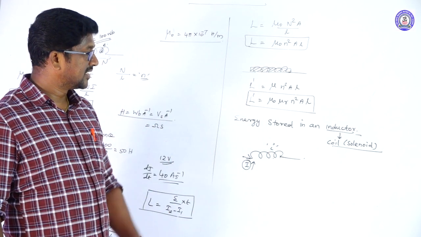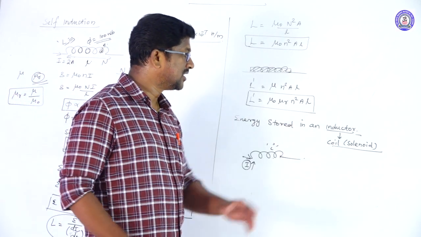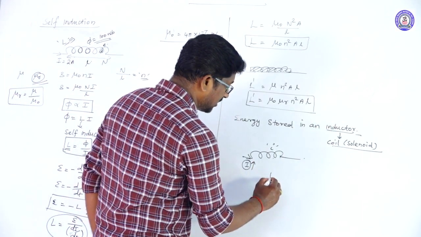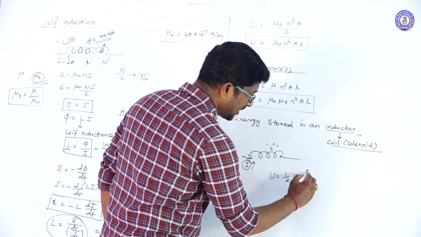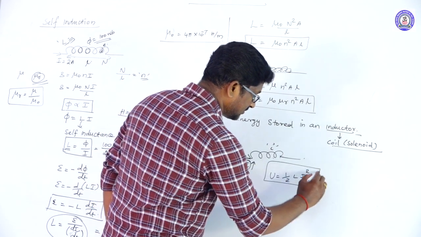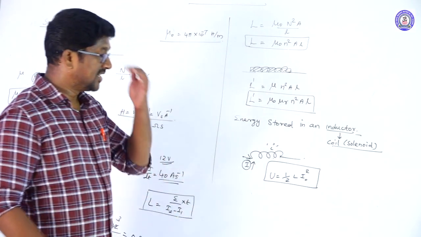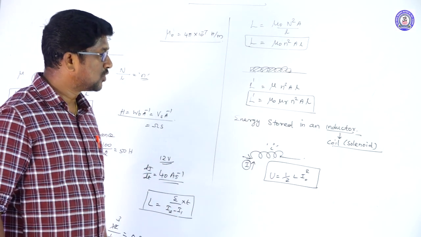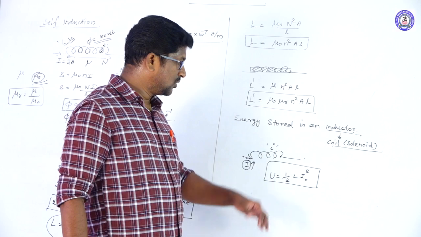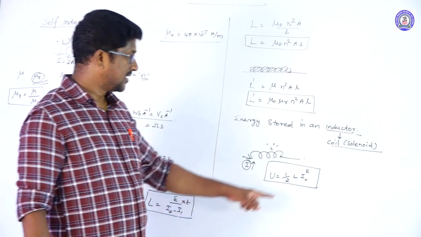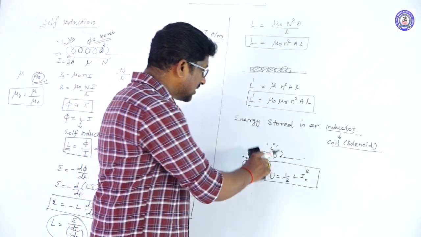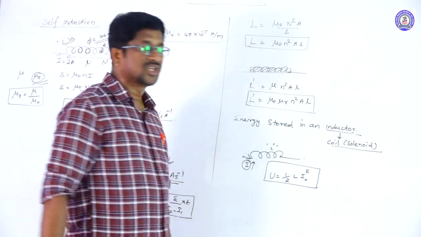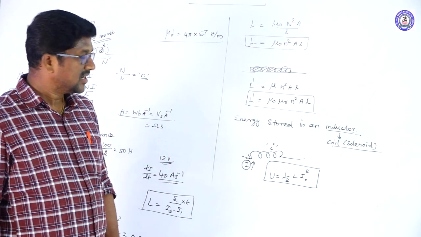The magnetic potential energy stored in the coil, inductor or solenoid is given by U is equal to half L I naught square. L is the self-inductance of the coil or inductor, and I naught is the maximum current that flows through the coil.